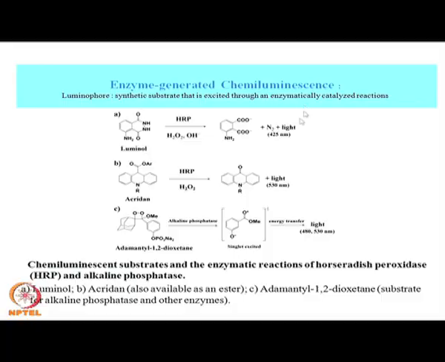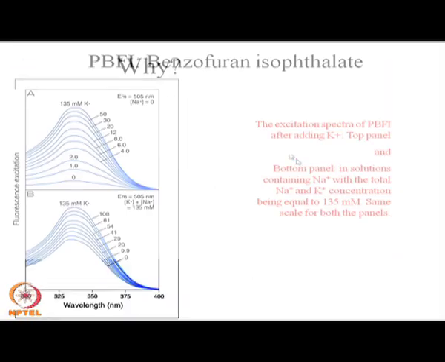Maybe one is selective to cadmium 2+, another is selective to magnesium, like magnesium green, then Fluo-3, which is selective to another ion. Okay. So, calcium 2+ ion.